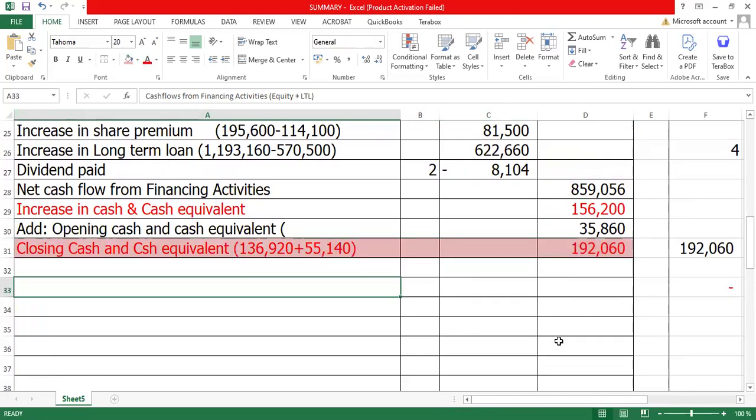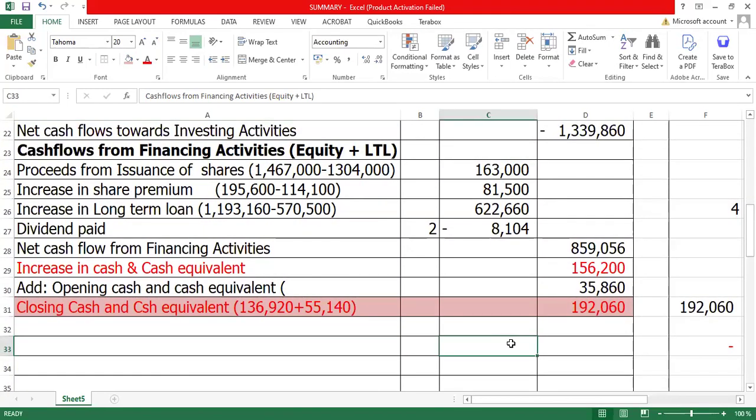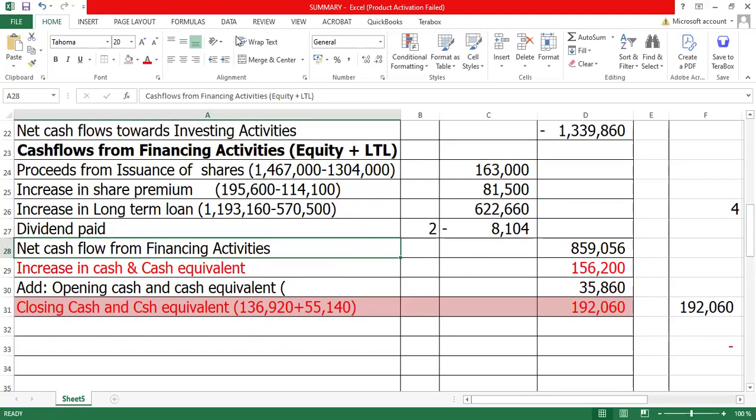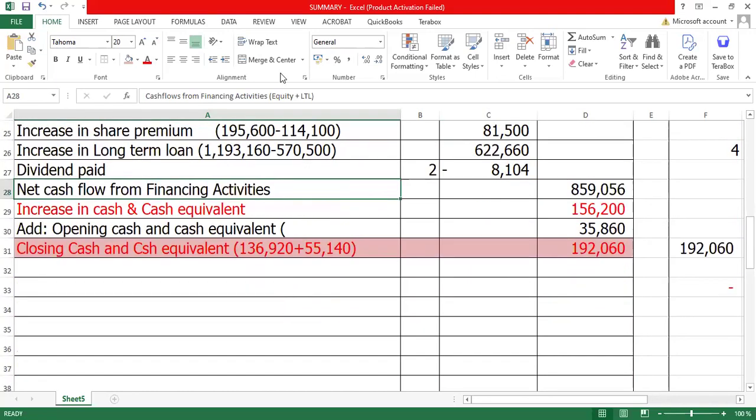Understand the steps. These things don't normally change. Now, because I want you to master this area, I'm going to give you this as your assignment. Please, you go and try.